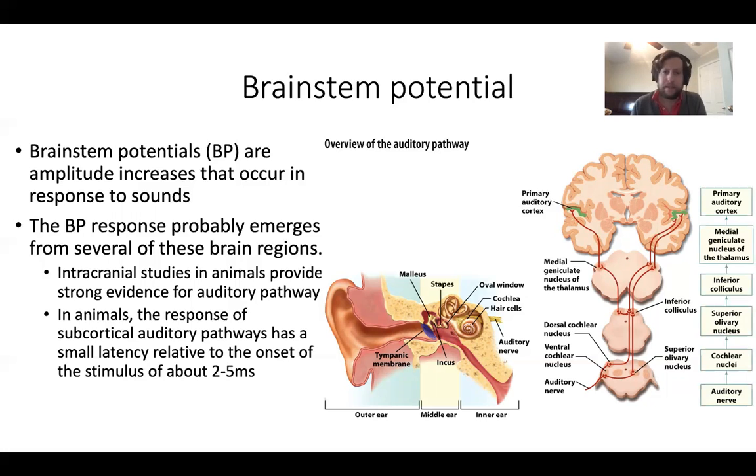However, there is this thing right here called the brainstem potential. It's an event-related potential response, so it's electrical activity measured on the scalp.